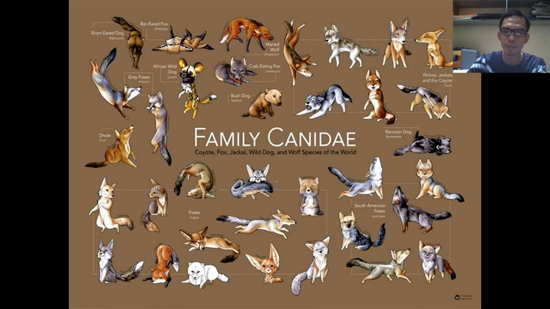Some of them have already mingled with humans, so some dogs have been domesticated. That's why they become different from their ancestral dogs or their relative dogs, just like the wolf and the common domesticated dog that we have right here. So these are the dogs.